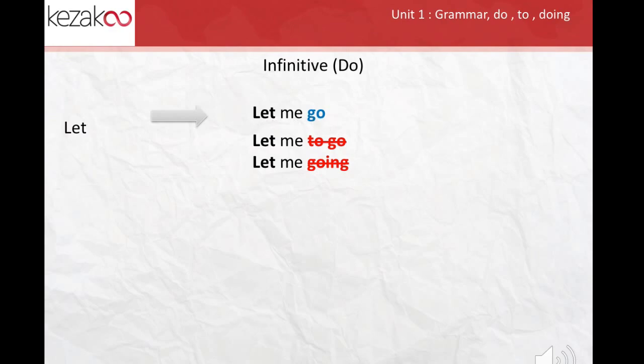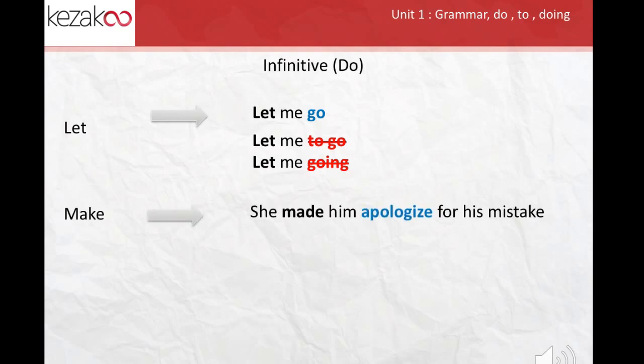Another example, the verb make. She made him apologize for his mistake. We cannot say she made him to apologize. The correct form is she made him apologize. She made him do. She made him talk. So it's just the verb without to.